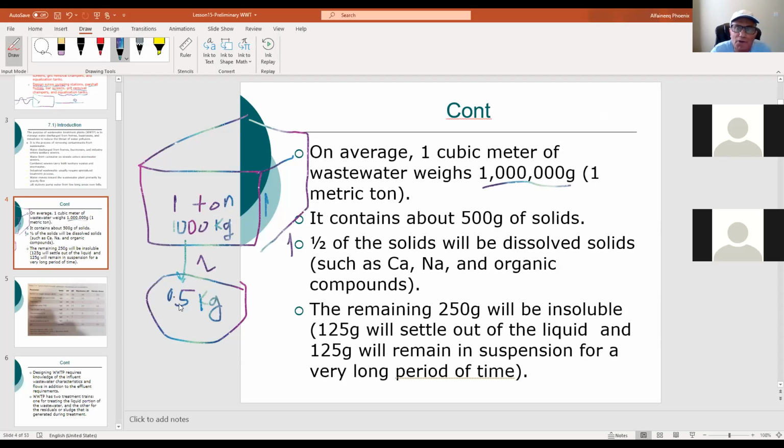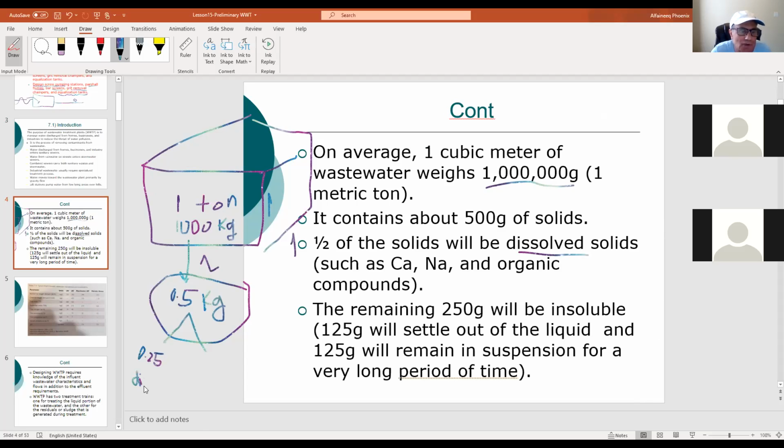So from that 0.5 kilogram of solids, half of it, which is 0.25 kilos, is dissolved, such as sodium, nitrogen, some organics.